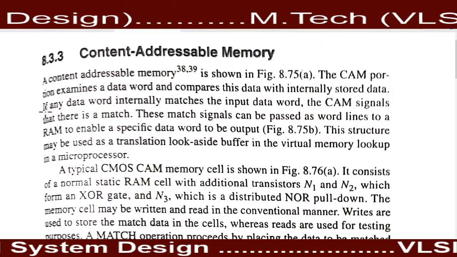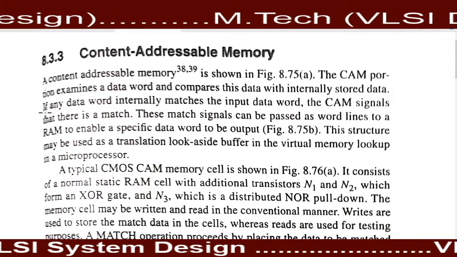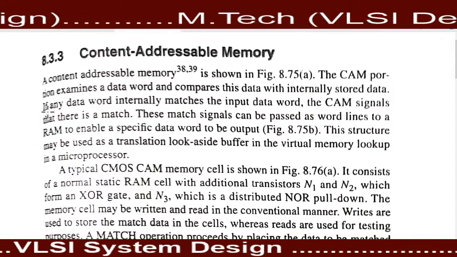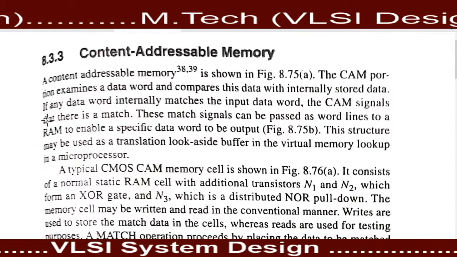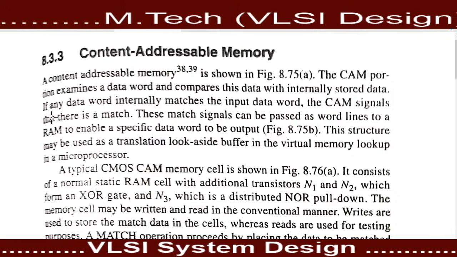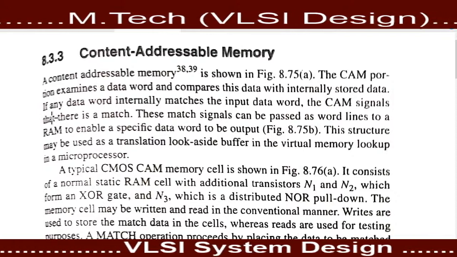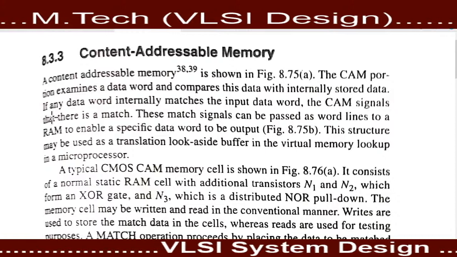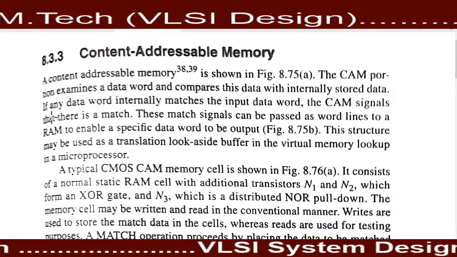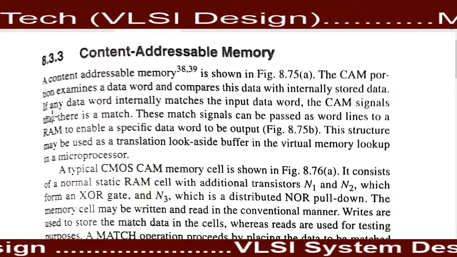Okay, so when I want to read some data from that type of memory, for the reading process some address of the memory cell is required through which we can access the data that is written inside the memory cell.